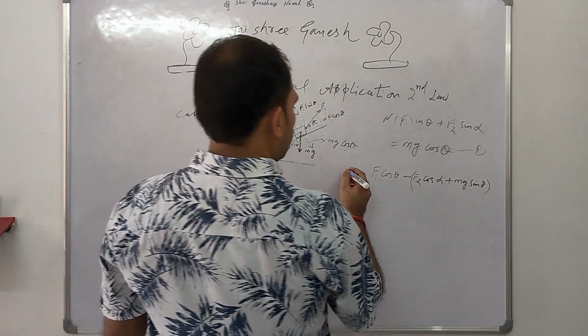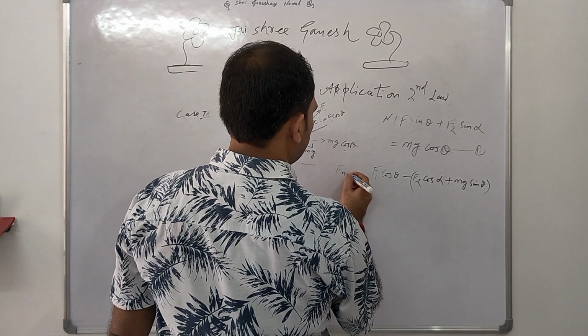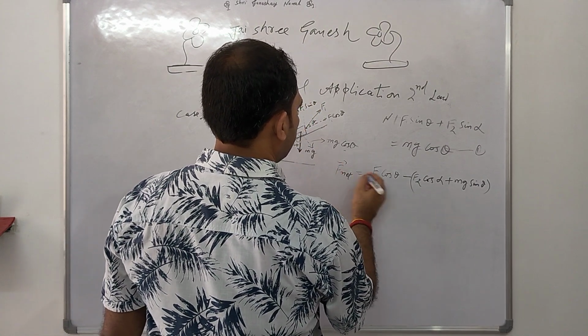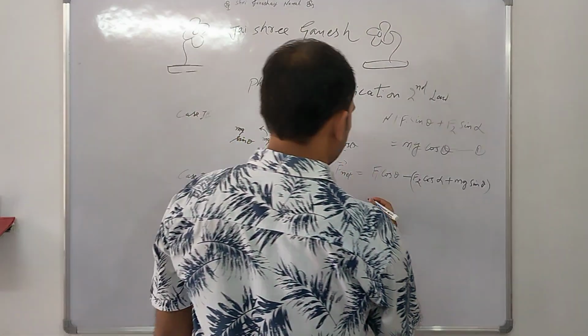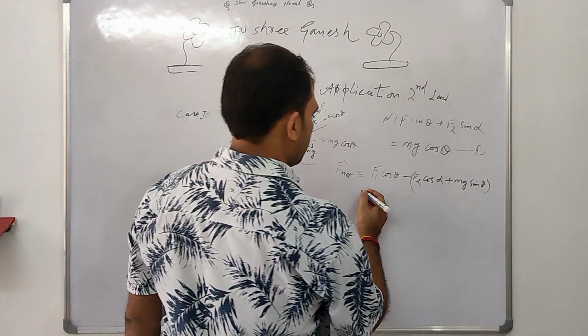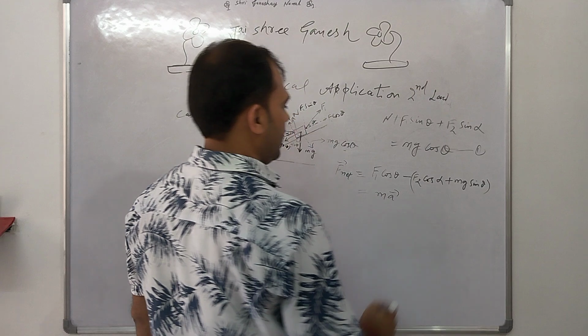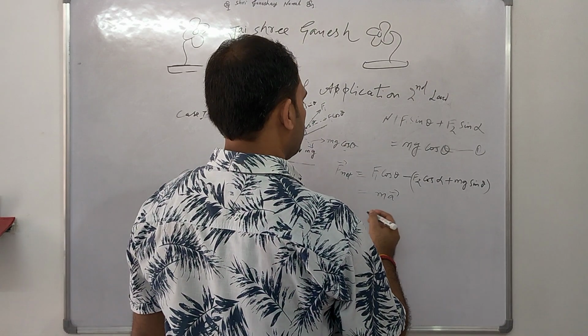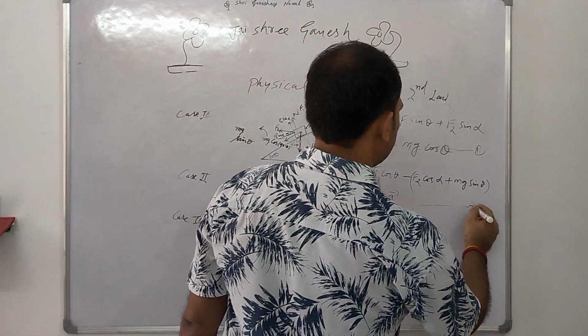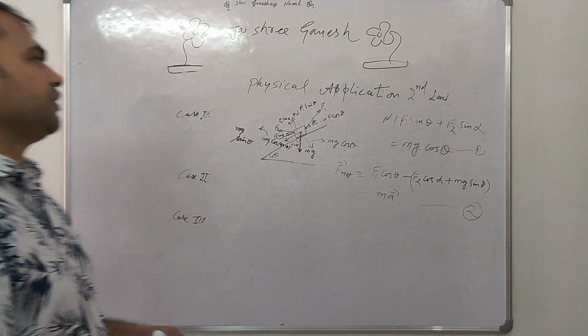This will be the resultant F net that will give us acceleration, m into a. So this is the second equation.